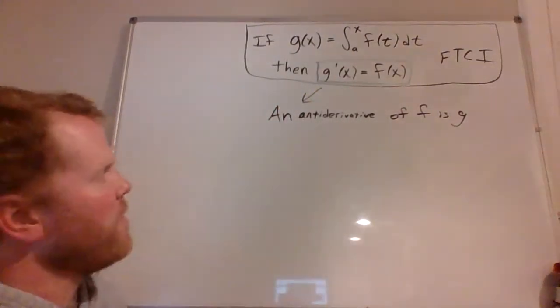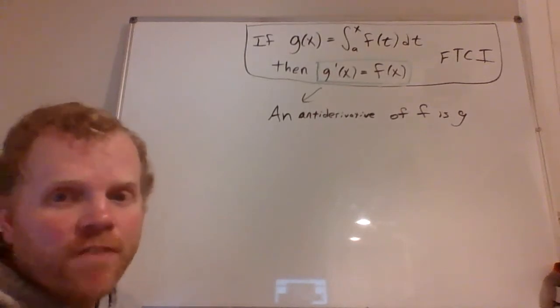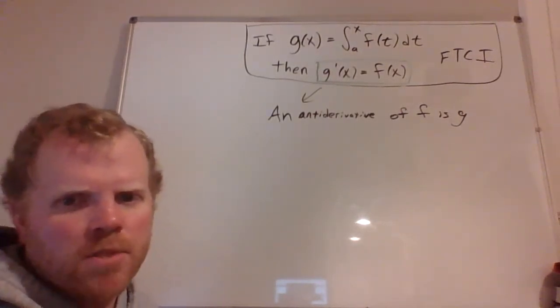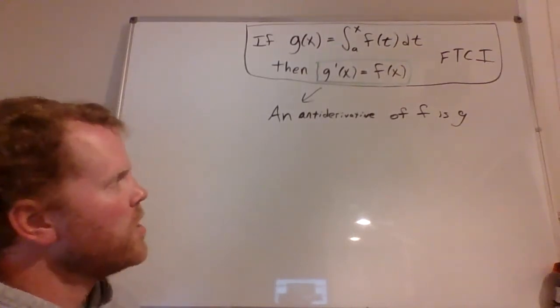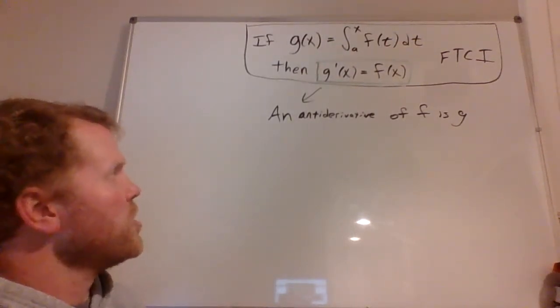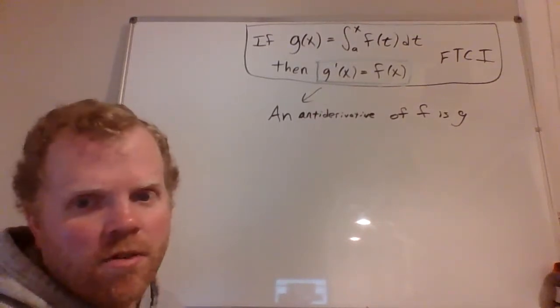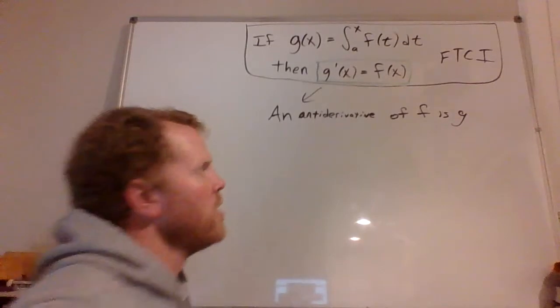An antiderivative of f is g, because there are infinitely many different antiderivatives. That's where our plus c comes in when we were studying antiderivatives. So g of x is just some antiderivative of f. We don't know which, because for antiderivatives the constant doesn't matter.